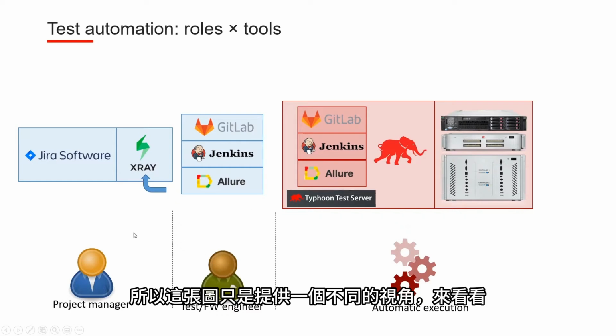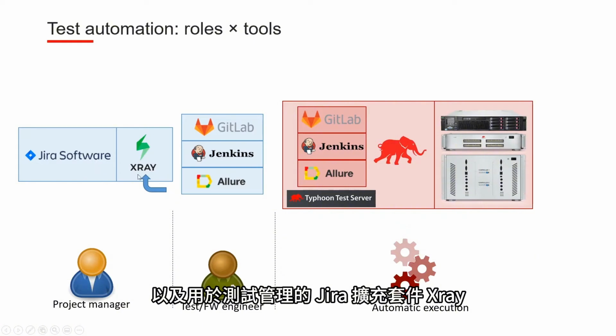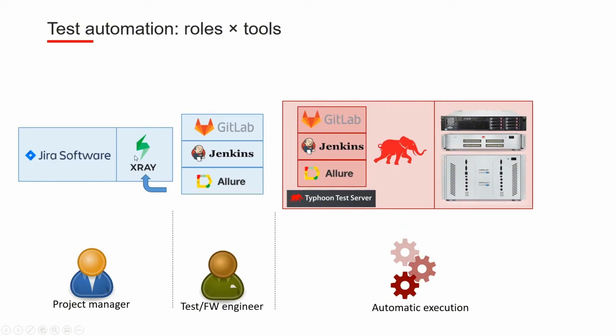Here, just to have a different perspective, you can see who would be using each one of these software. For project management, we are using Jira. For test management, Xray.